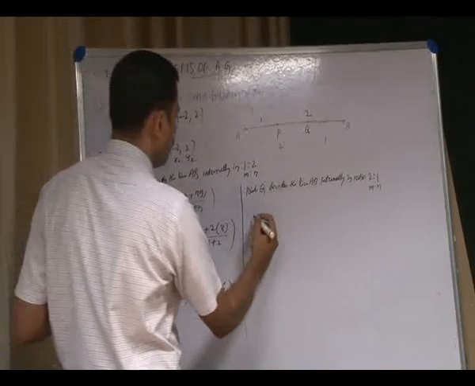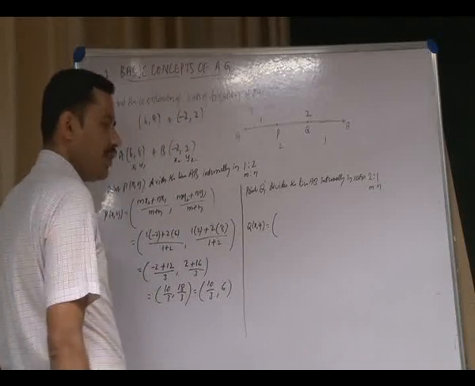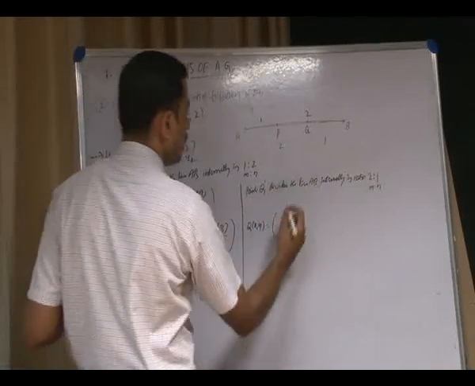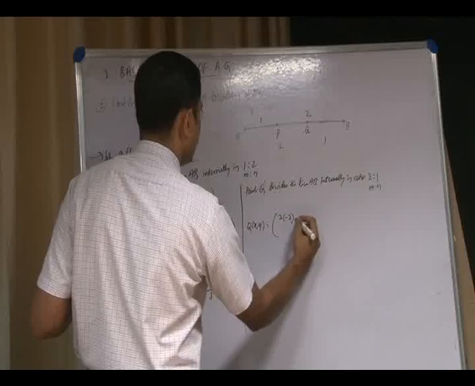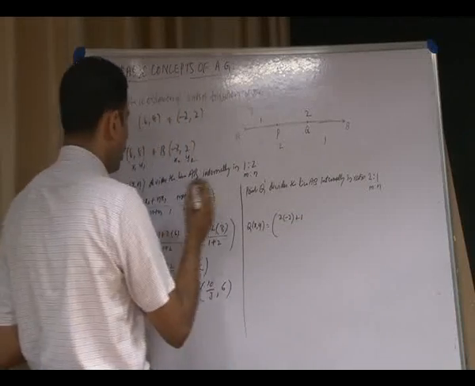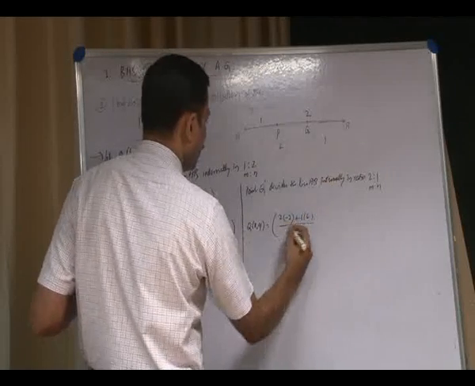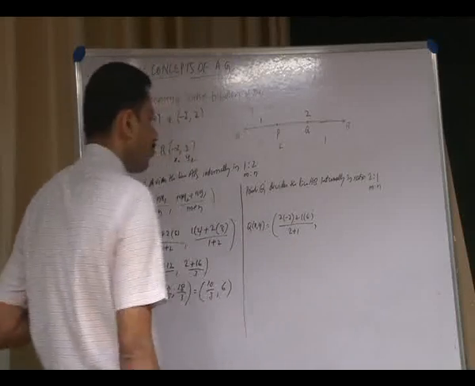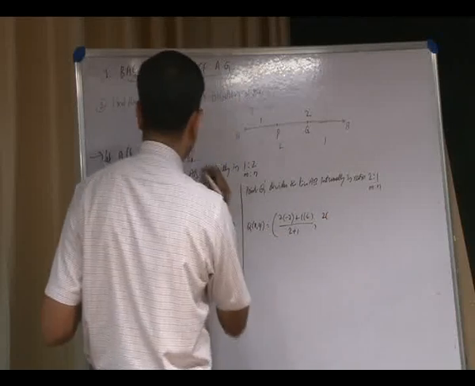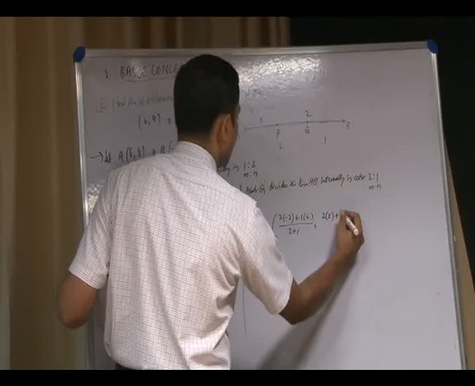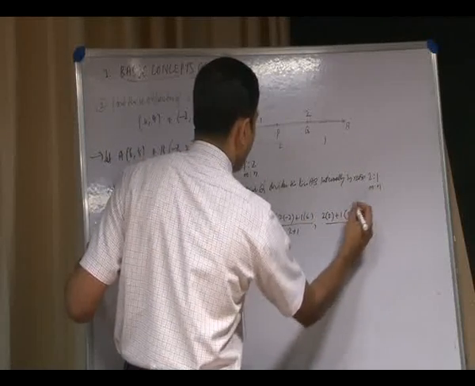Therefore, the coordinates of point Q, x comma y, is given by, once again by using the same section formula, m x2, m is 2 here, into x2 means minus 2 plus n x1, n is 1 into x1 is 6 divided by m plus n, that is 2 plus 1, and y coordinate m y2, m is 2 into y2 is 2 plus n y1, n is 1 into y1 is 8 divided by m plus n, that is 2 plus 1.